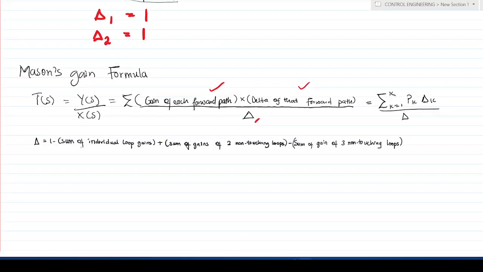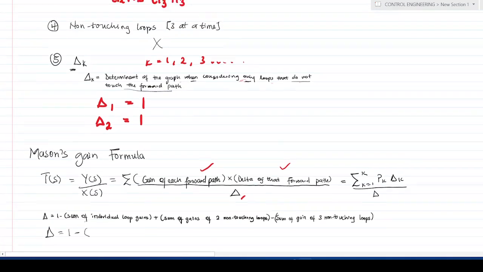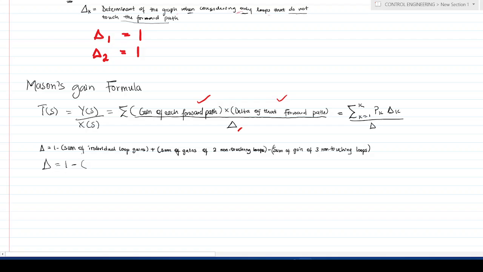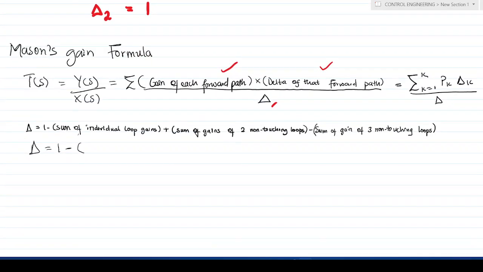So now first, let's compute our delta. Delta is equal to 1 minus the sum of individual loop gains. What were our individual loop gains? We can find them here. That is minus G1, G2, H1, minus G2, H2, and minus G3, H3. Let's write that out here. Now next, plus the sum of two non-touching loops.